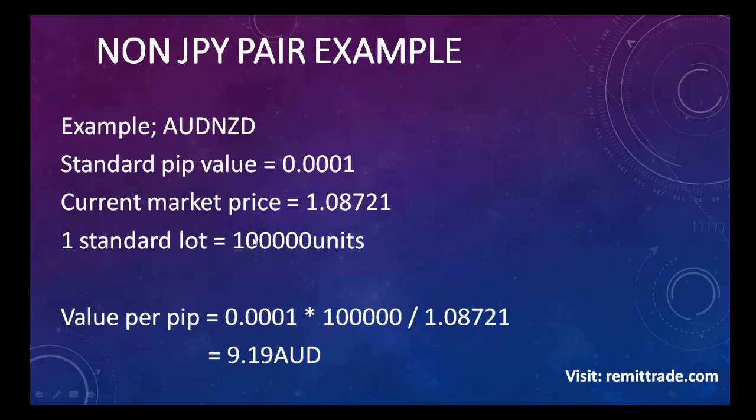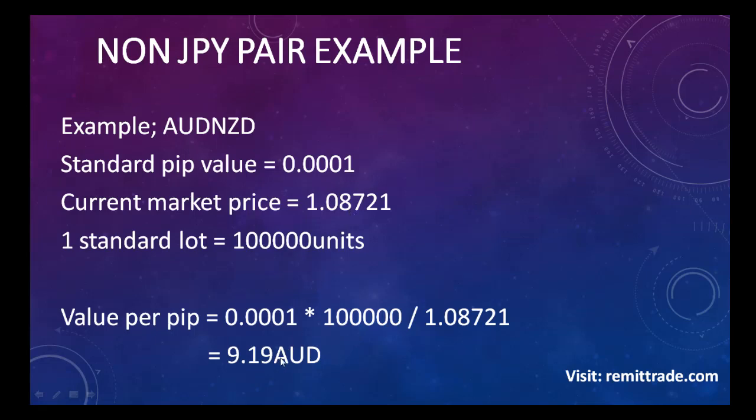So if you put it into the formula for calculating value per pip, you will have this in AUD. So if you want to have it in NZD, you have to multiply it by the current market price. It will give you the value in NZD.